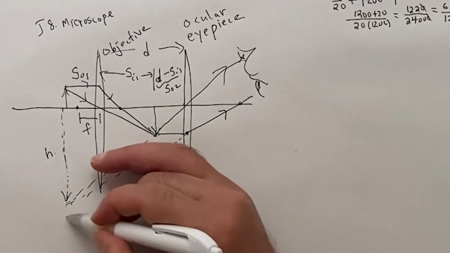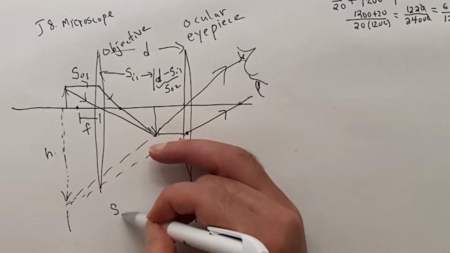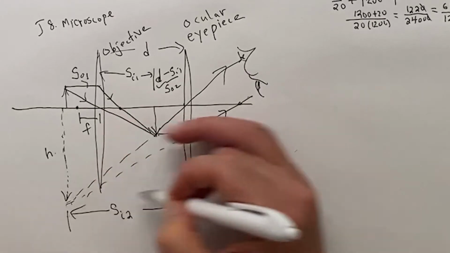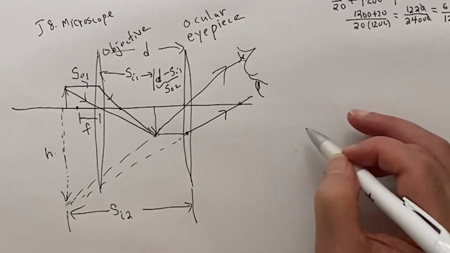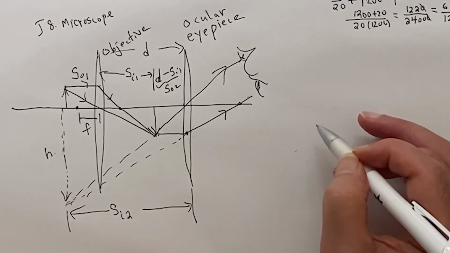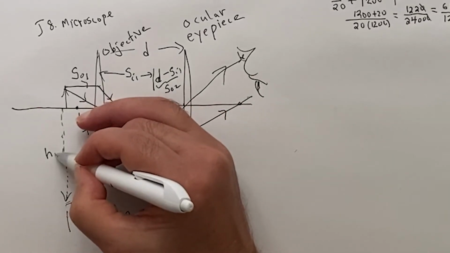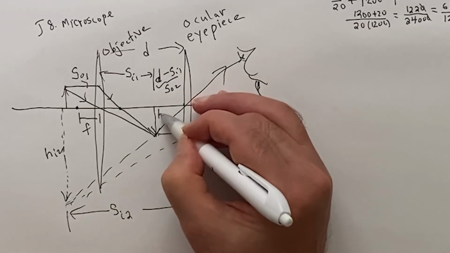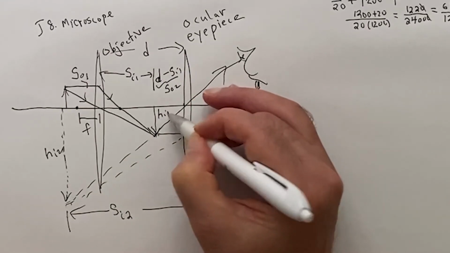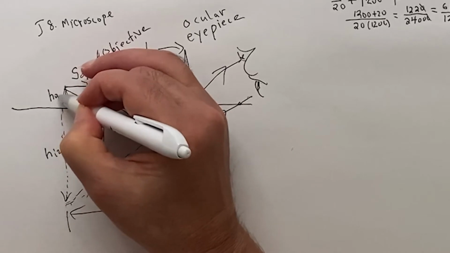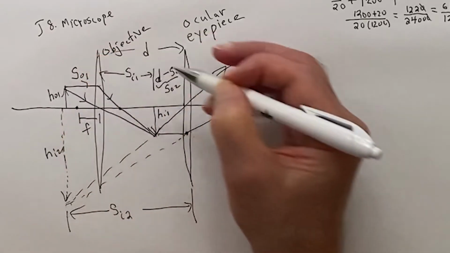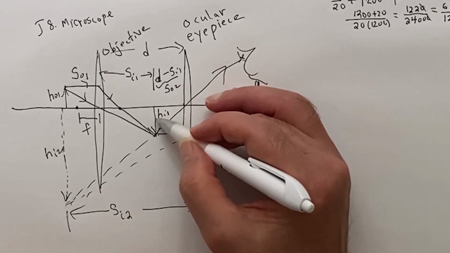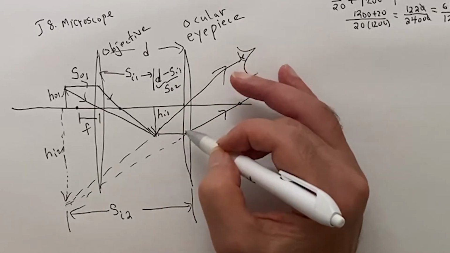And then this here is going to be your image distance for the second, and that's going to be negative, since that's a negative space. You might label this image 2, and then this is the image 1, and this is the object 1. And this image 1 height becomes the object height for the second analysis.